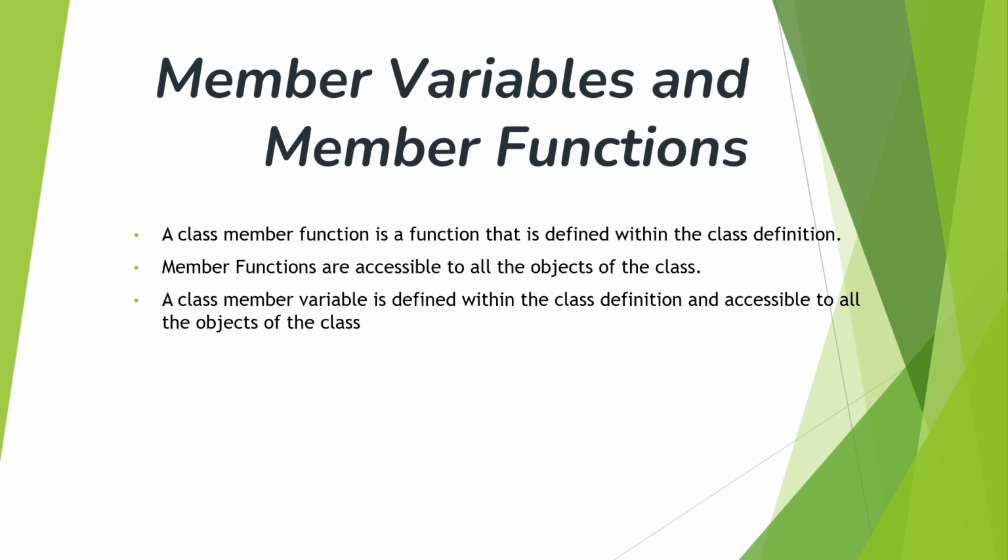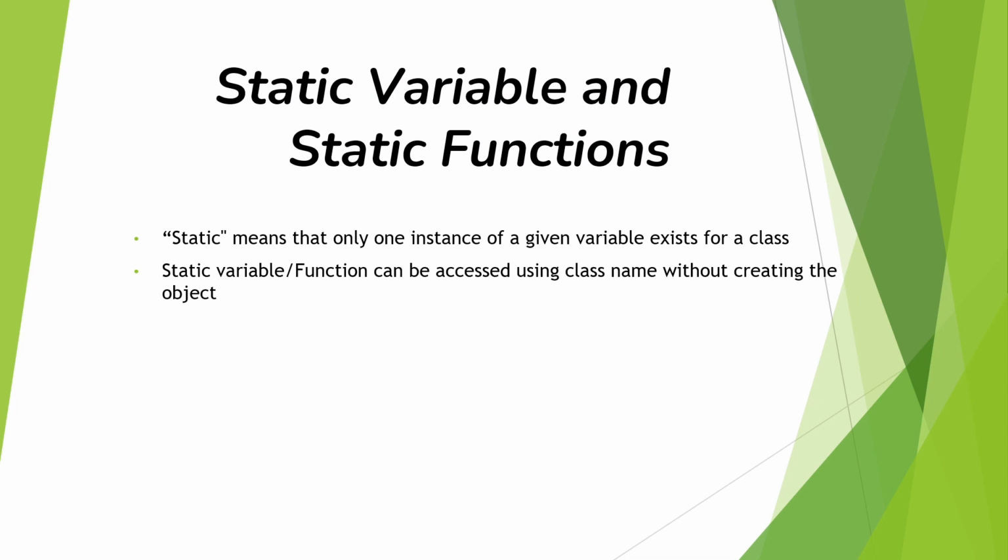Member functions can be accessed using the instance of the class, that is the object, and are accessible to all the objects of the class. A class member variable is defined within the class definition and accessible to all the objects of the class. Okay, we'll run the application and we'll see how these are working.